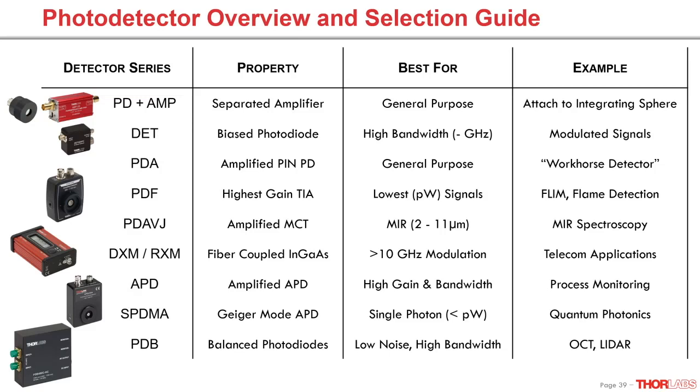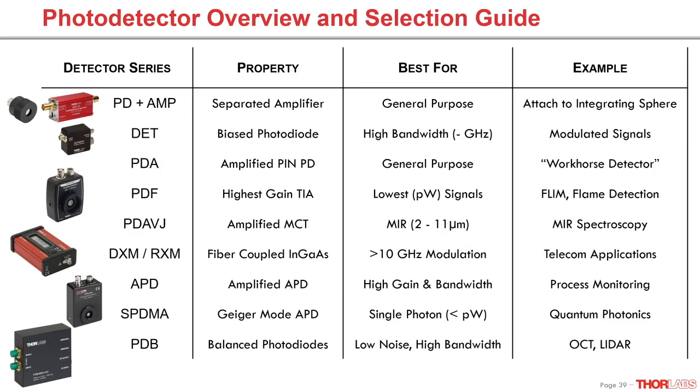One example is attaching the photodiode to an integrating sphere and having the amplifier connected via a BNC cable. The biased DET series has its strength with highly modulated signals up to gigahertz bandwidth or even higher.